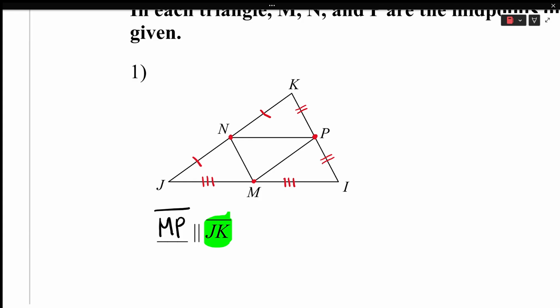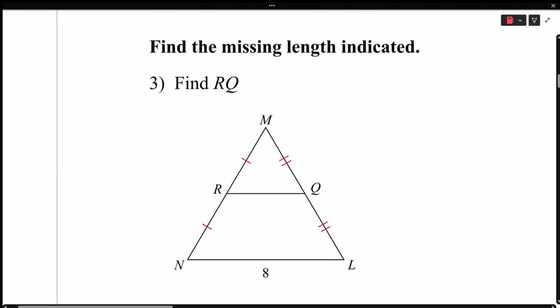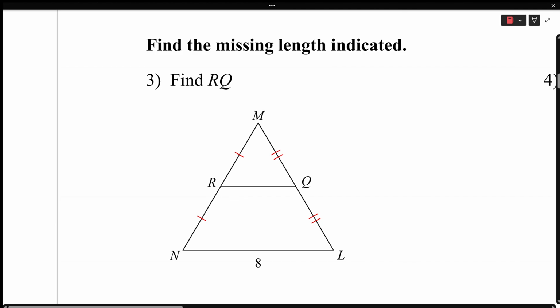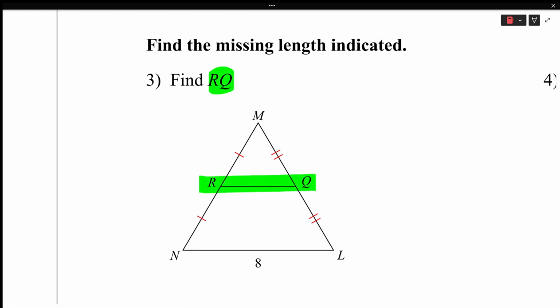I'm going to keep going. Let's look at number 3. Find the missing length indicated. We're trying to figure out what's the length of RQ. Okay? I'm seeing familiar things here. I'm seeing this mark here that states RN is congruent to, let's say, RM.